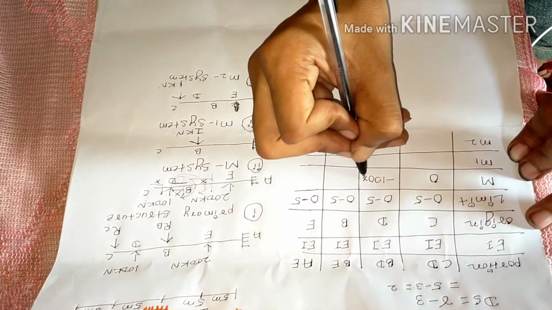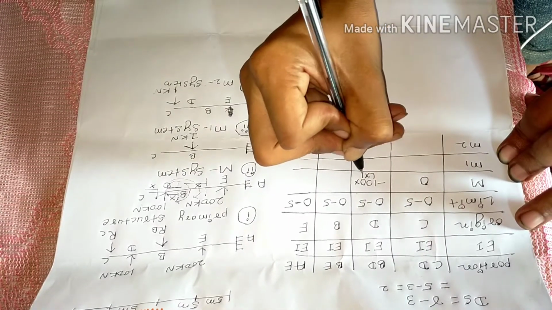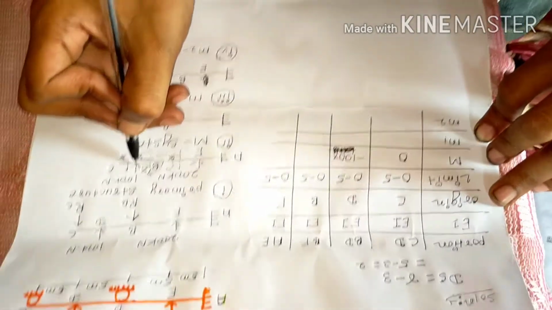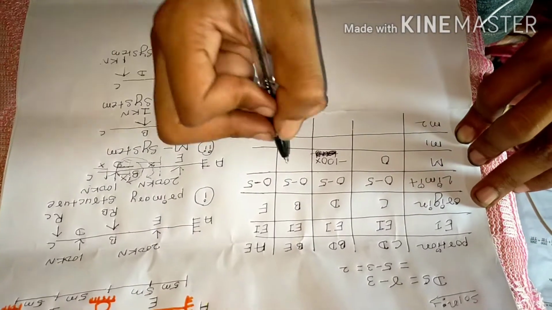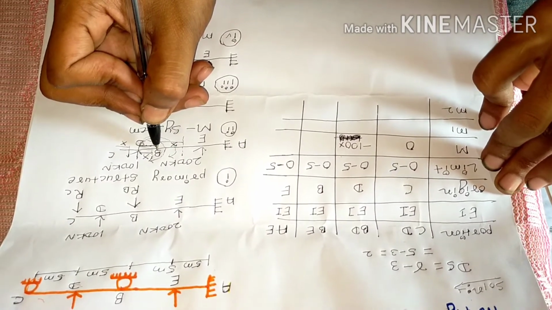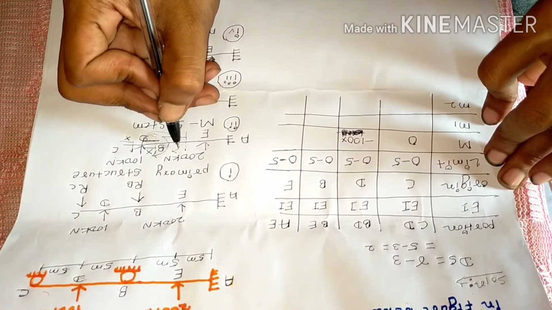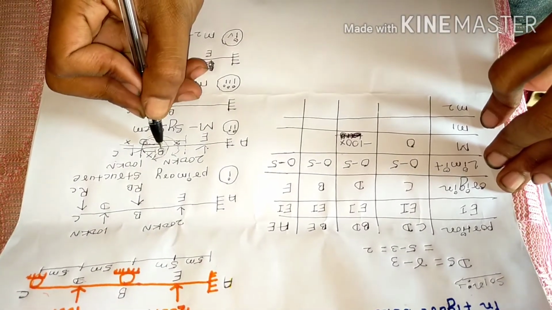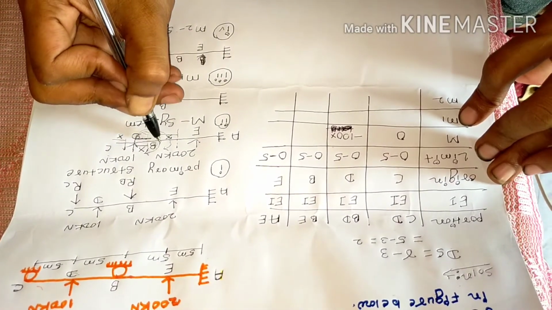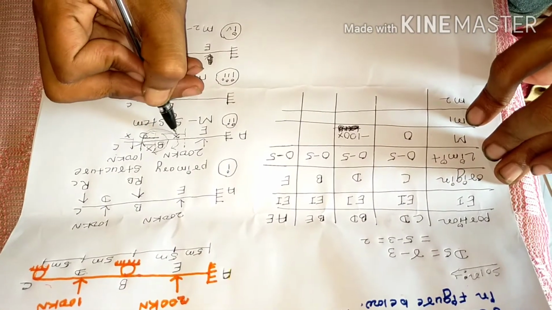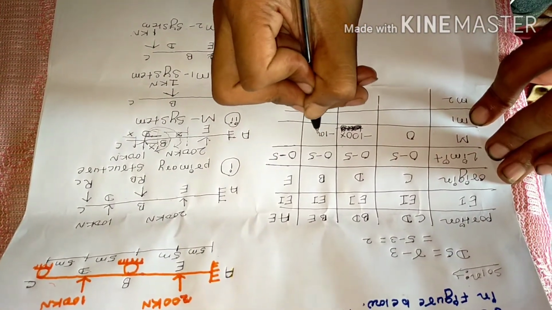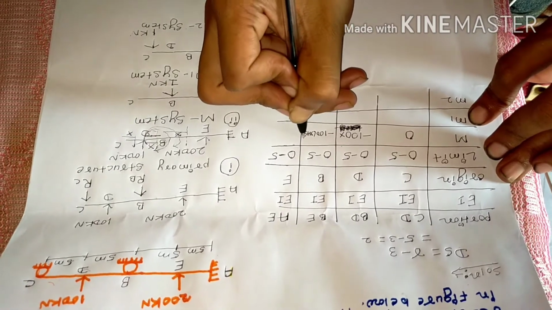So 100 into x plus 5. In portion BE, B is taken as origin and a section is taken at a distance of x from the origin B. This 100 kilonewton force will rotate this section in clockwise direction, and the perpendicular distance is x plus 5, that is minus 100 into x plus 5.